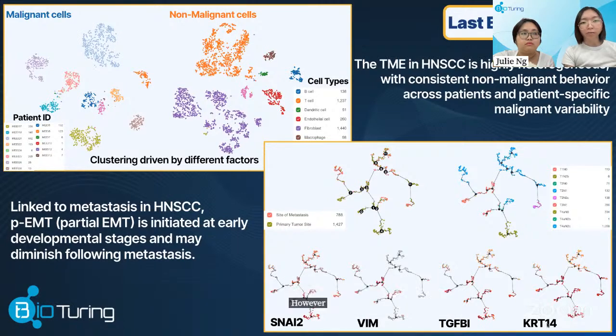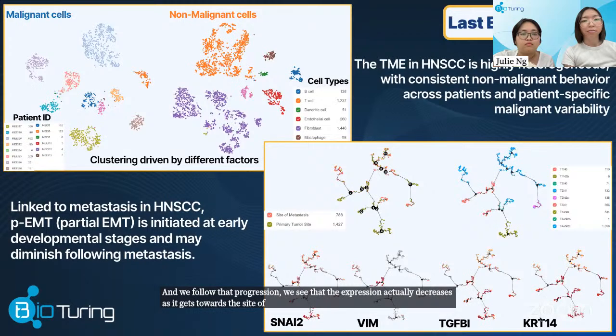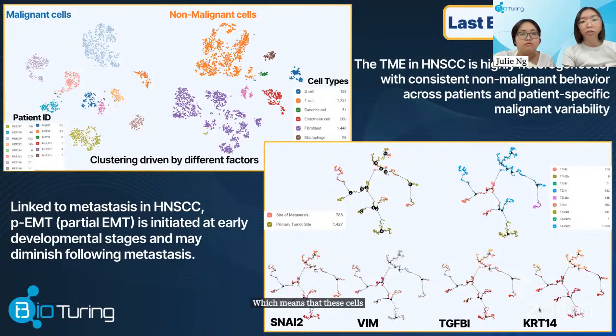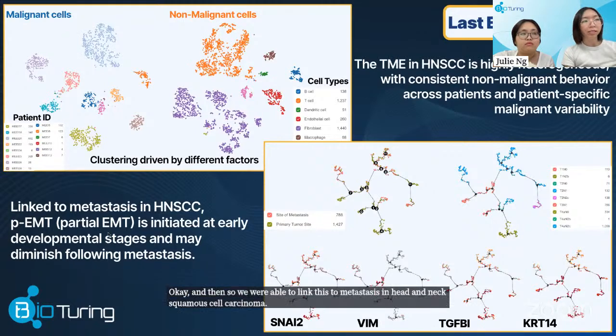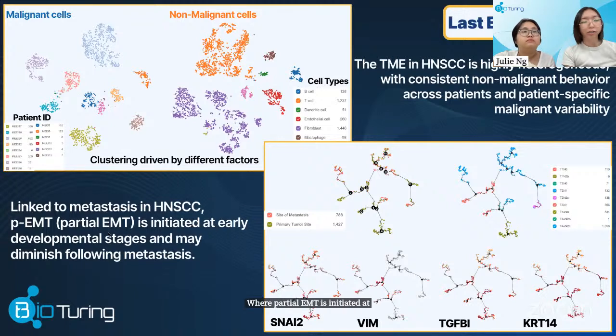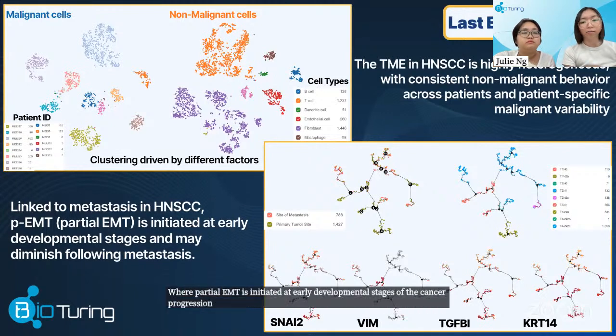However, when we look at one particular gene, KRT14, and follow that progression, we see that the expression decreases as it gets towards the site of metastasis. This gene is a marker for epithelial cells, which means these cells may be partially losing their epithelial phenotype. We were able to link this to metastasis in head and neck squamous cell carcinoma, where partial EMT is initiated at early developmental stages of cancer progression and may diminish following metastasis.